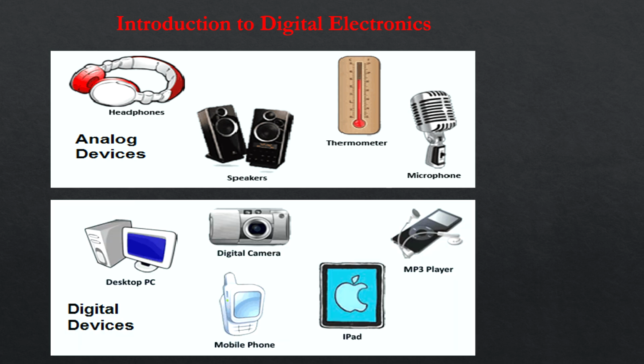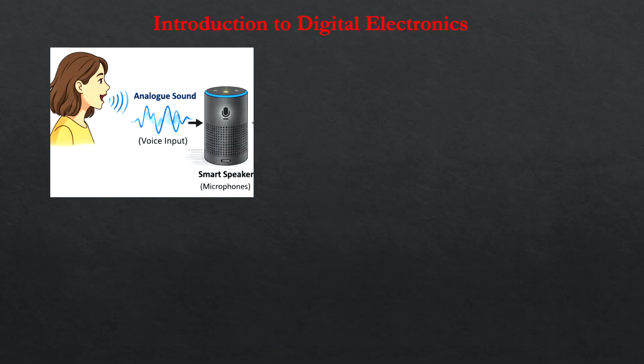Let us take a simple example: you have a smart speaker. You may have Alexa or any one of these smart speakers, and you want to communicate with them. As we are from the real world, and I told you that the real world is continuous or analog in nature, if you speak, the signal generated will be analog in nature.